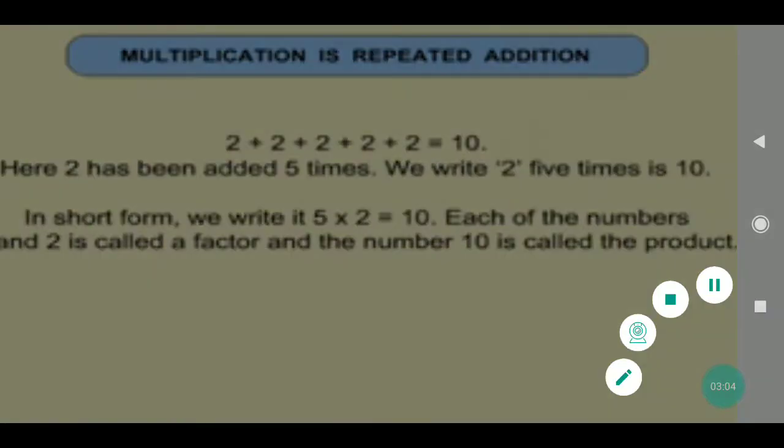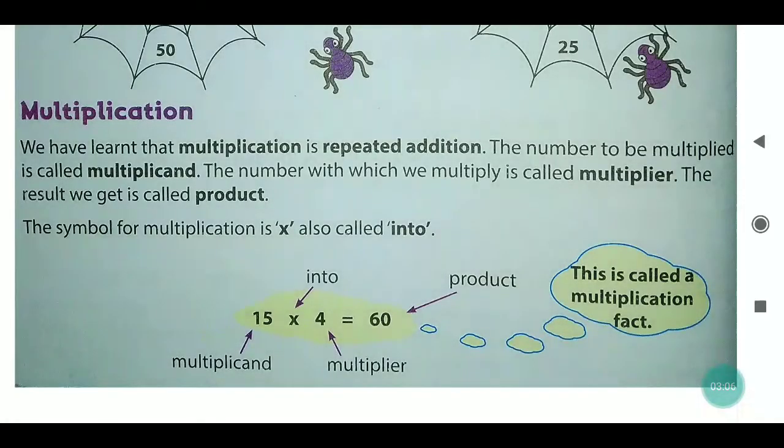Now see the next thing. Students, there are some terms. As in addition and subtraction there were some terms, here also some terms are there which we are going to see. We have learned that multiplication is repeated addition.